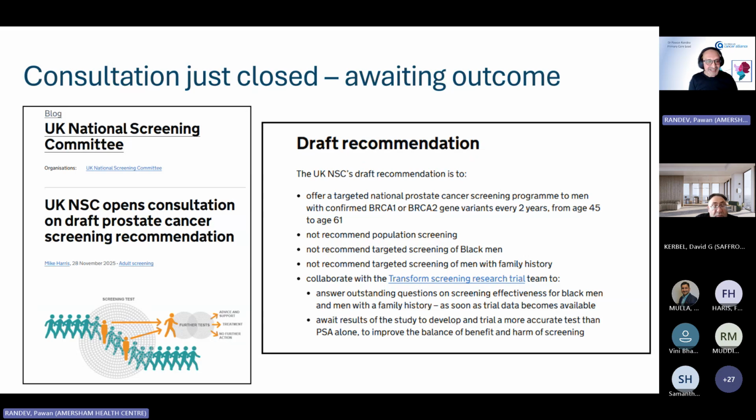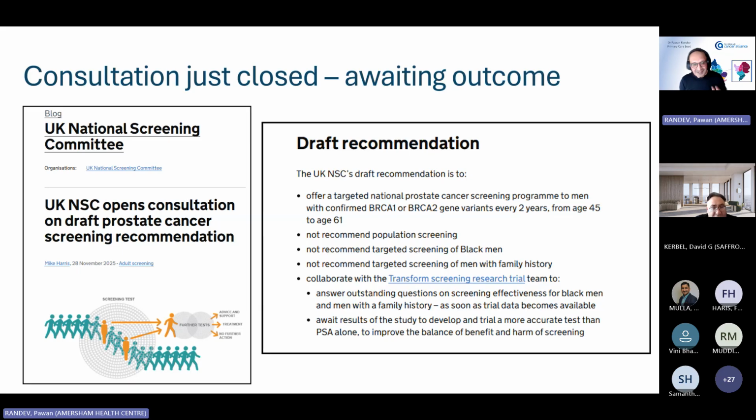Let's move on to the prostate cancer screening ideas. I mentioned a second ago that the National Screening Committee are looking to see what the screening recommendation is going to be. Initially, in their draft recommendation, they suggested a targeted prostate screening programme for men with BRCA, but it's not recommended for population screening and, controversially, not recommended for targeted screening for black men or men with a family history.